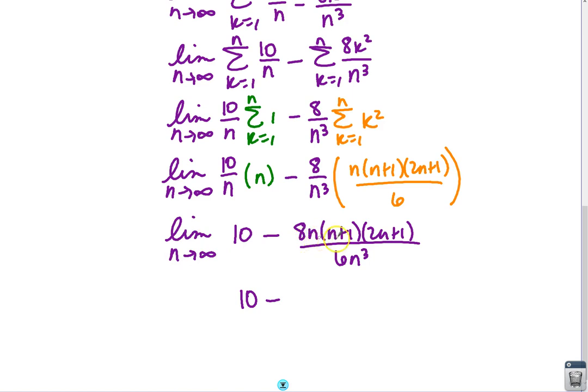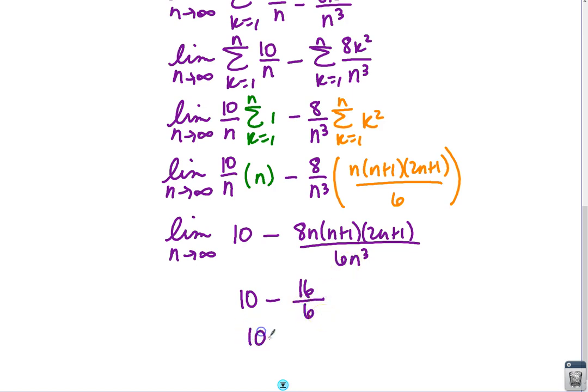So I've got n times 2n. The degree of the top overall, if I had multiplied it out, would be n cubed over n cubed. This one's balanced, so my end behavior asymptote is to look at my leading coefficients. The leading coefficient on the top would be 8 times 1 times 2, so that's 16 over my coefficient on the bottom, which is just 6.